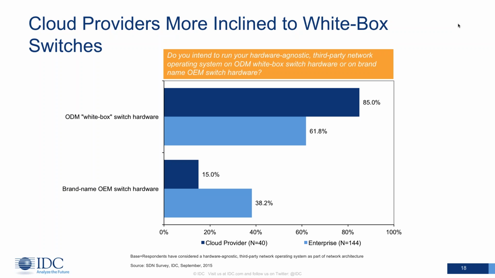What I think happened here is a lot of respondents are familiar with the concept of network disaggregation, but they may not be familiar with all their options. We've heard from a lot of enterprises, not necessarily all of them, but certainly a lot, that they're more comfortable buying OEM hardware rather than ODM, with the support and service and all the things you get with an OEM purchase.